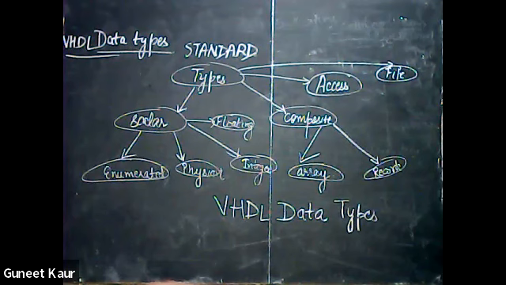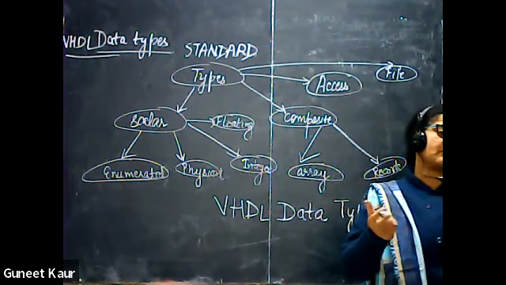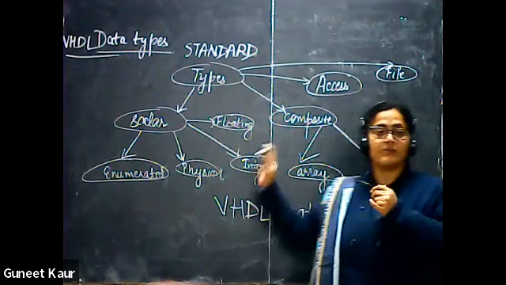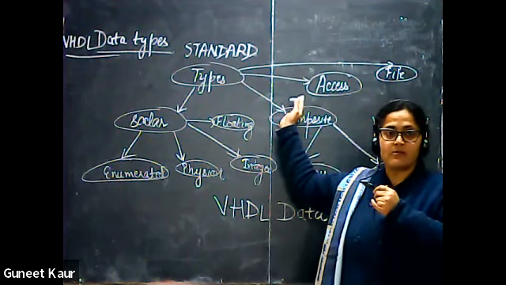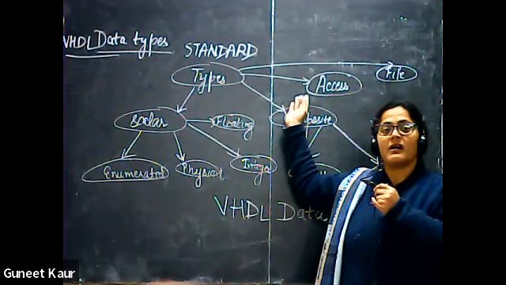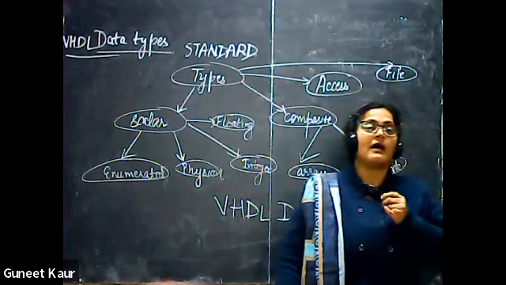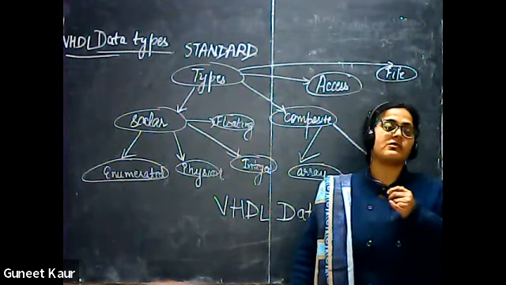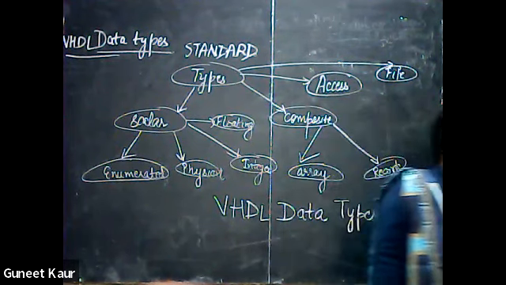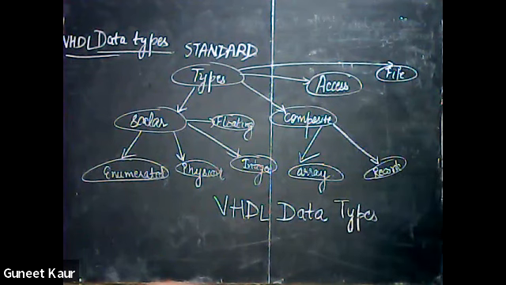Further, access types are equivalent to pointers. As you know, we use pointers in the C language, and this is similar to the access type. So access type is just like the pointers used in other languages. And last is file. File is used for storing data, as I discussed in the previous lecture on data objects.